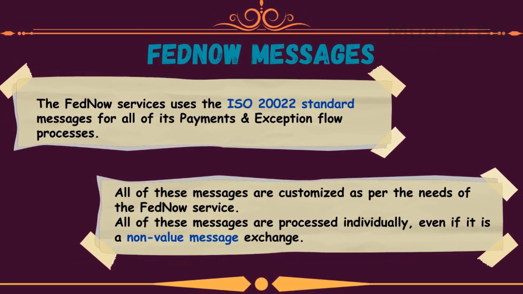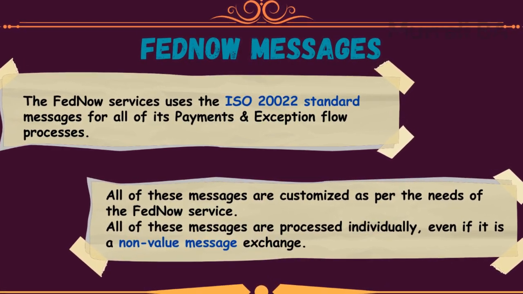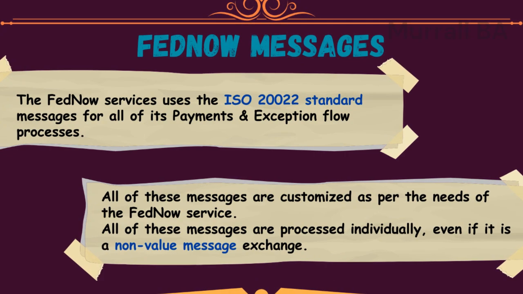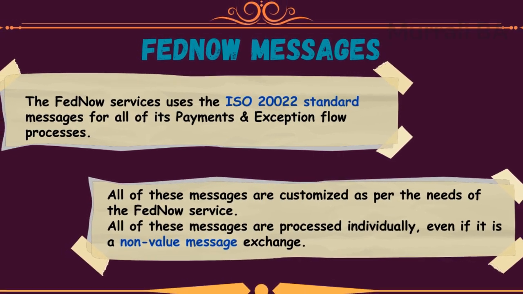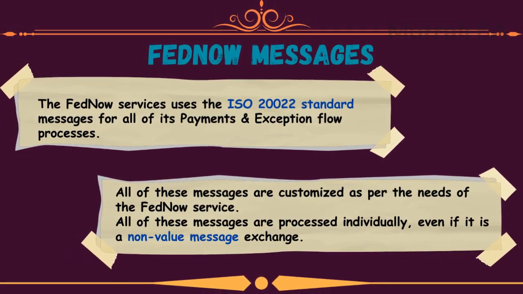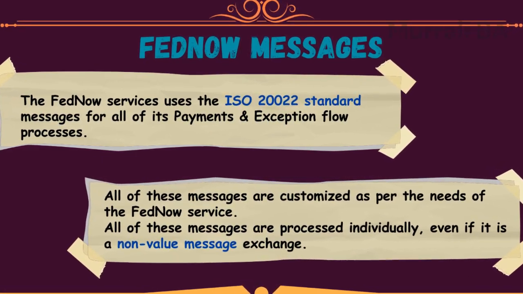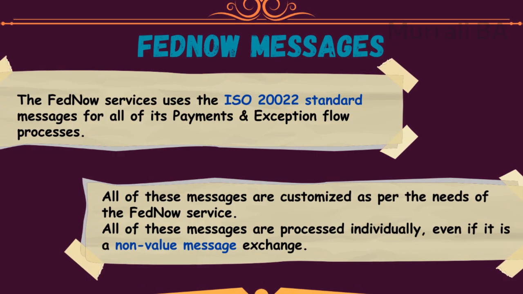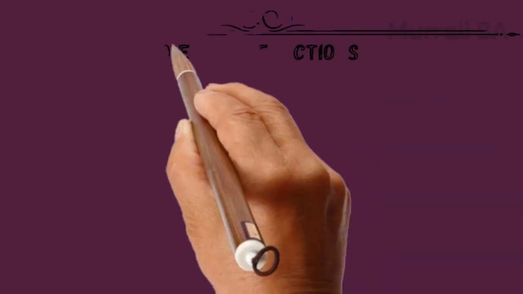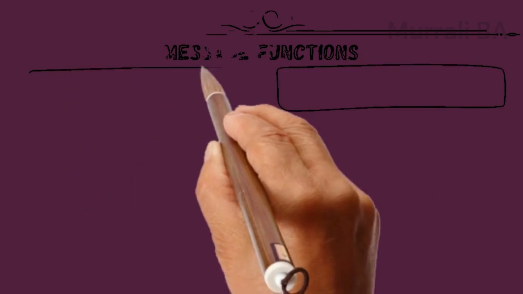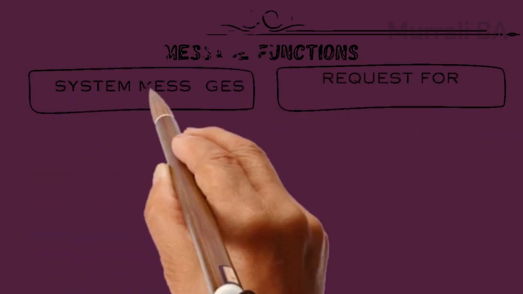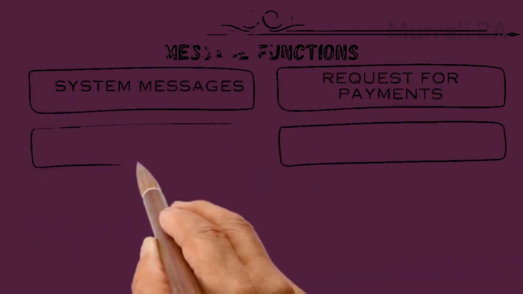We know that FedNow is an instant payment service and follows a gross settlement method for money movement across banks. So, every message in this system is processed individually regardless of whether it is a value message or a non-value message. The FedNow categorizes the usage of these ISO 20022 messages into 7 major functions.